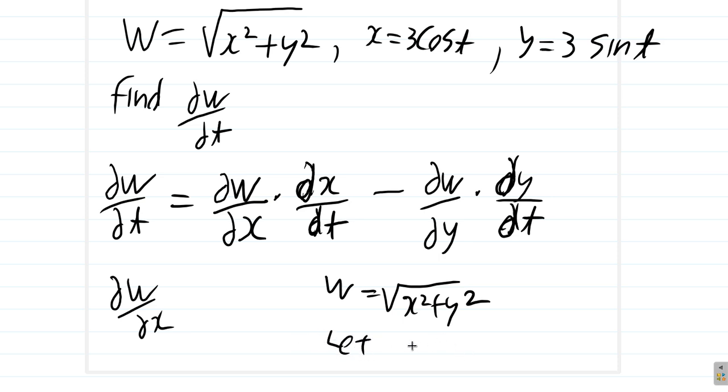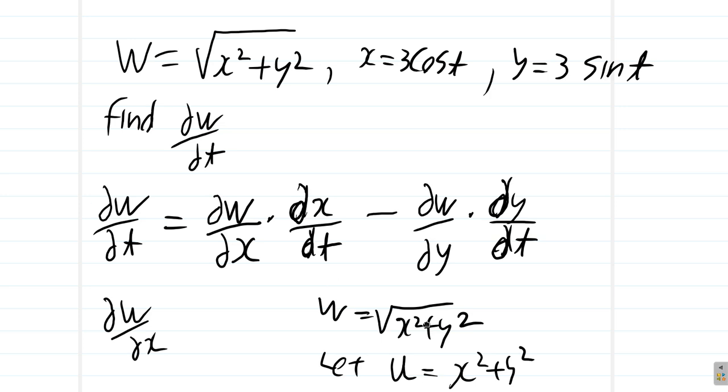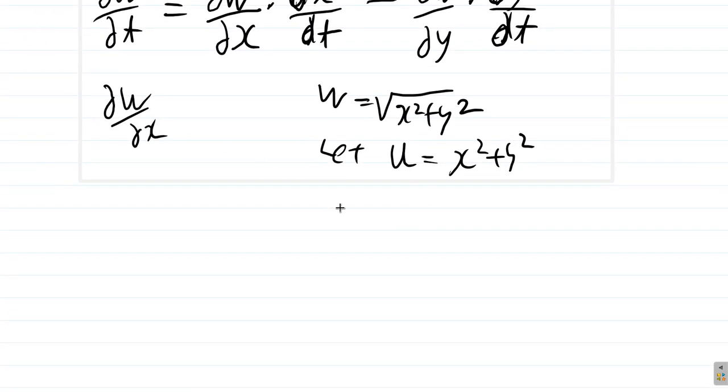Now, let u be equal to x squared plus y squared. Alright. Then what you're going to have is that the partial, well, we have it originally as partial, so let's use delta.